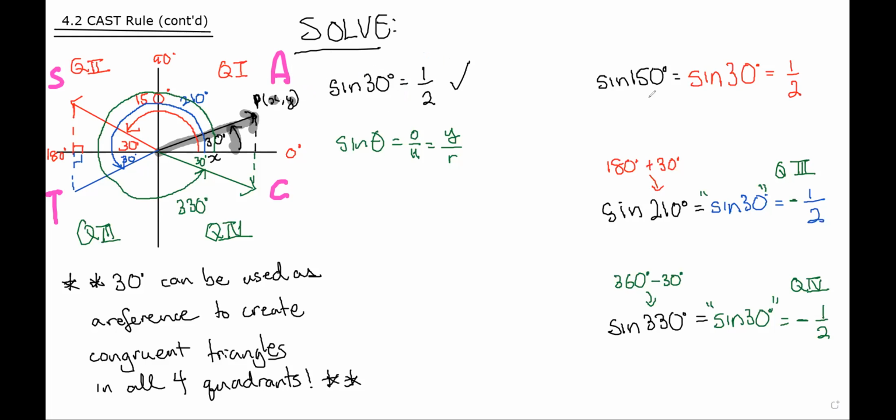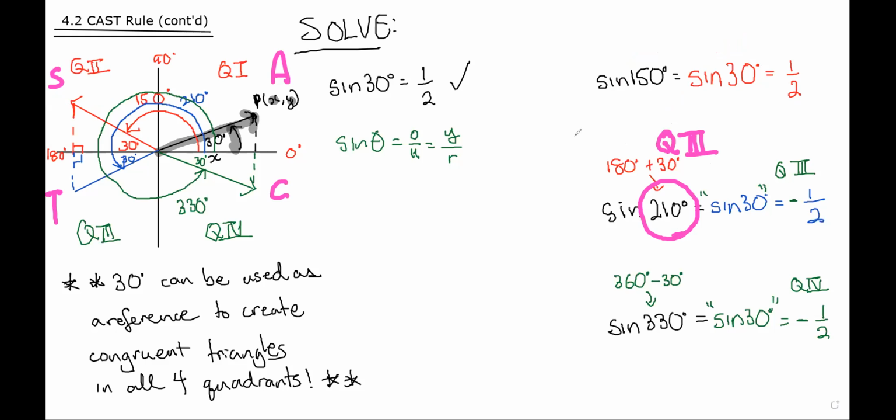If I'm dealing with sine 150, that is quadrant 2. So go to the Cartesian coordinate. In quadrant 2, only the sine value is positive, and therefore we have a positive half. When I'm dealing with sine 210, I know that I'm dealing with an angle in quadrant 3.